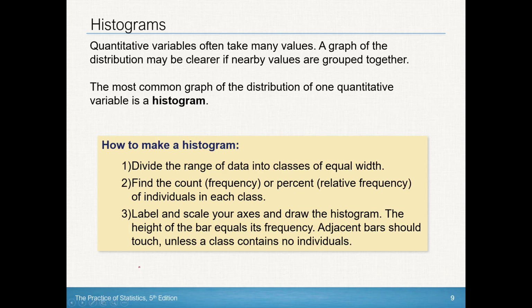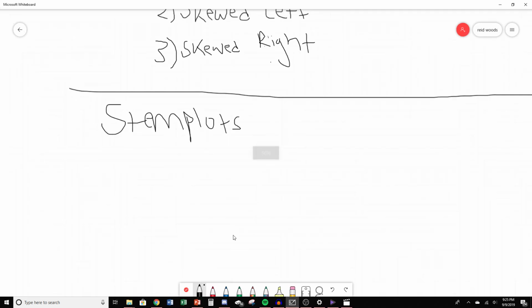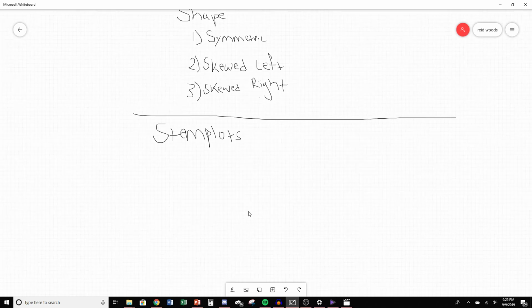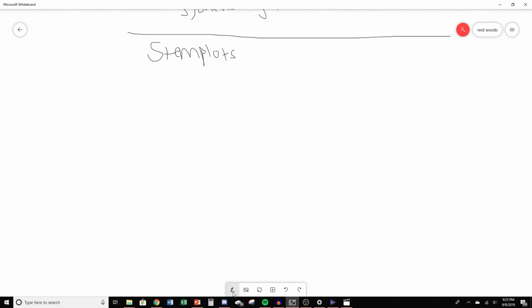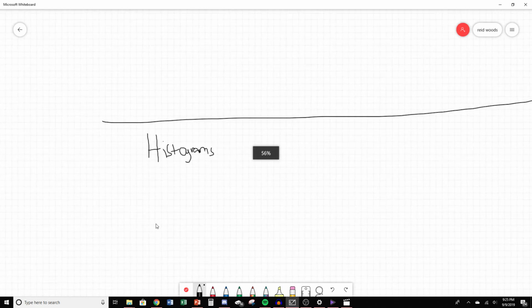Okay, let me get out of this. Keep those. We'll add a slot. So we put a little bit down right there for stem plots, things to write. But now we're going to talk about histograms. This will be the last part of our lesson today. So histograms.